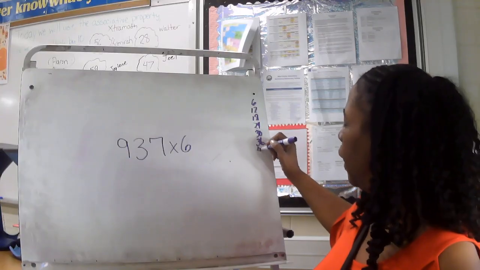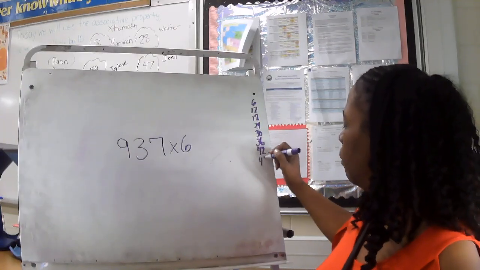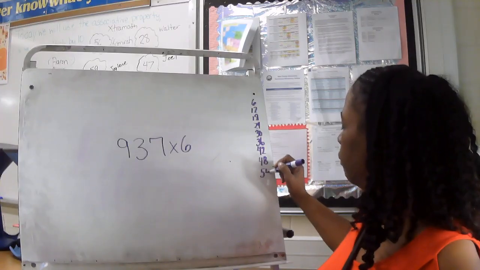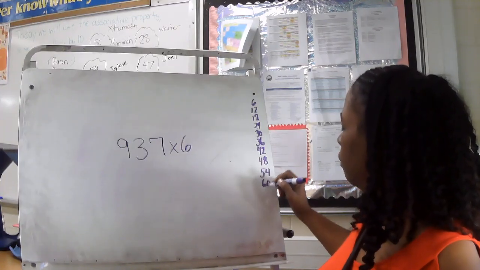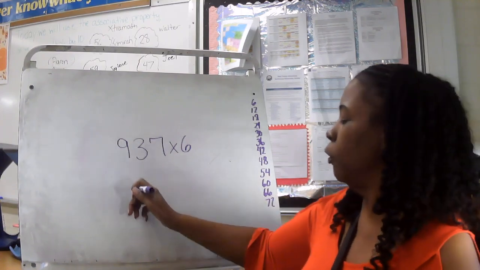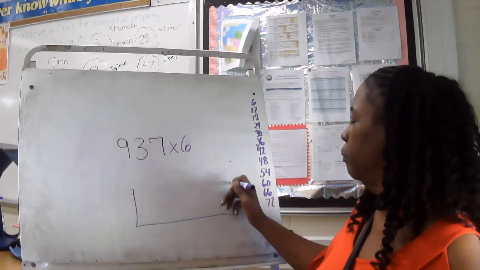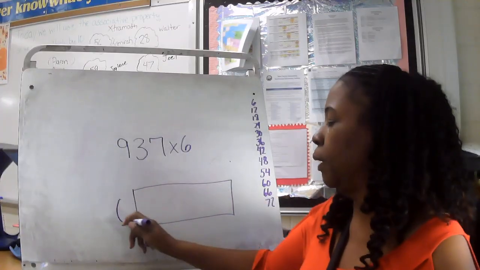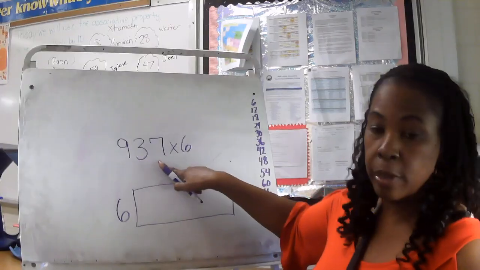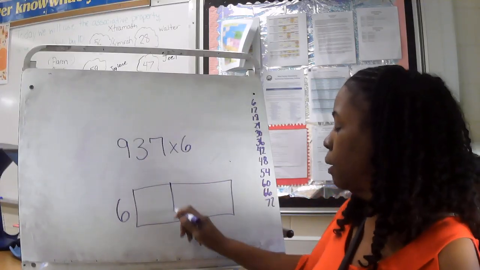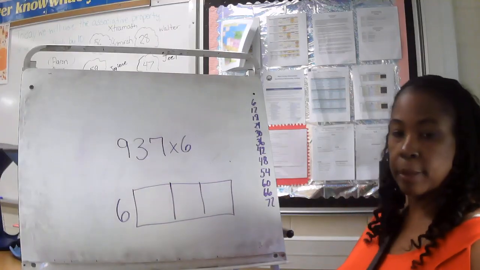And you'll notice we're heavy on writing multiples. We're writing our multiples each and every time. Okay, so I'm going to do my area model. My 6 is what I'm multiplying by, so I'm putting it here. This is a 3-digit number, so I need 3 boxes. So I need to do 2 lines, and that'll give me my 3 boxes.